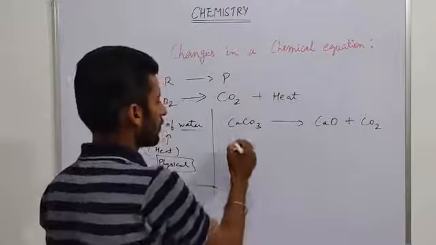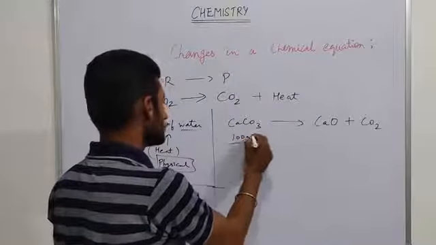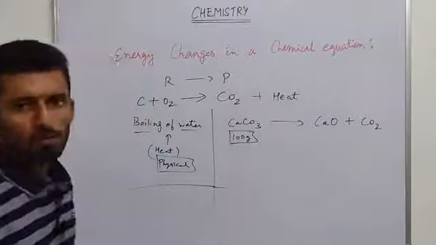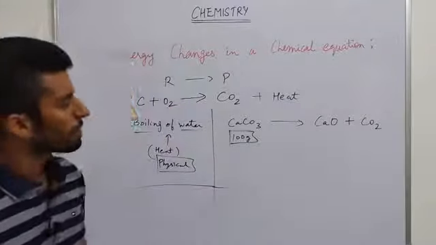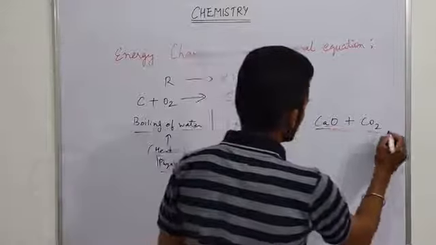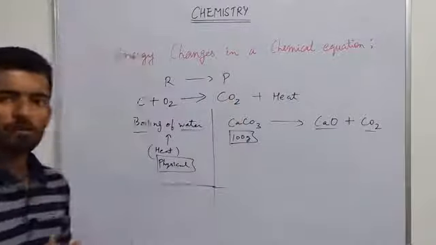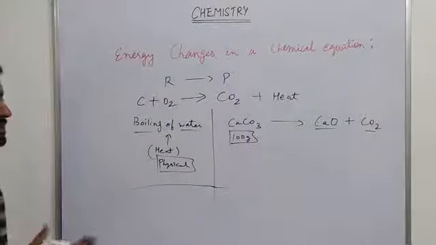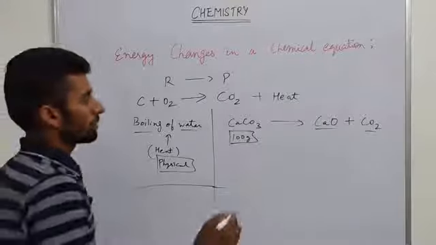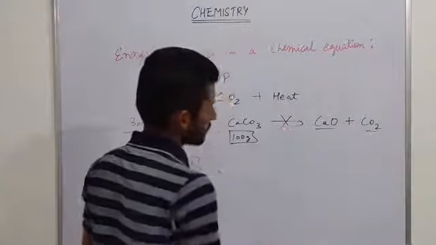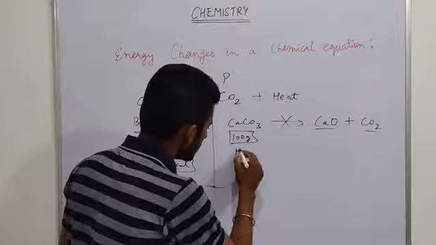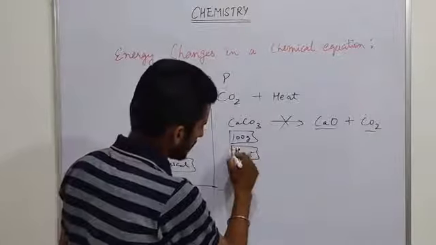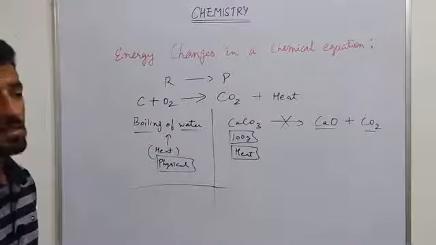So if you are having 100 grams of calcium carbonate, as long as heat is given, it will get converted to these two. But as the heat supply is interrupted or stopped, this reaction stops. So it means it requires heat.